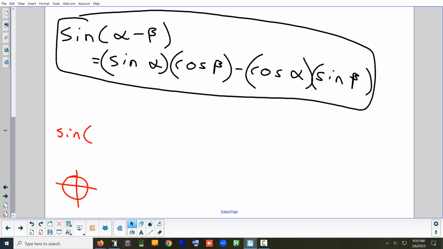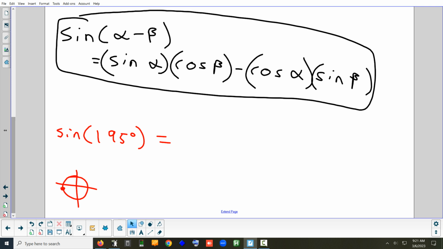So let's do, what's 15 degrees past 180? 195. So now you have a choice. If you can figure out how to write 195 as a sum, great. If you can do it as a difference, that works too.